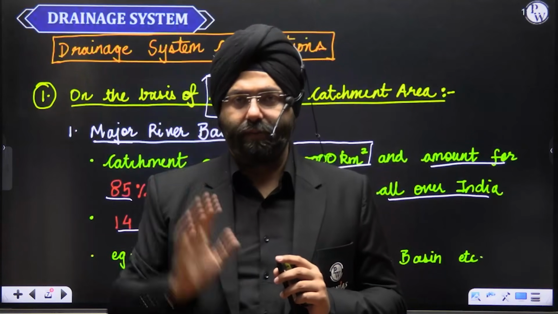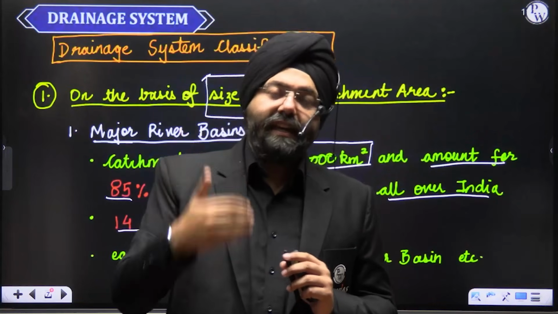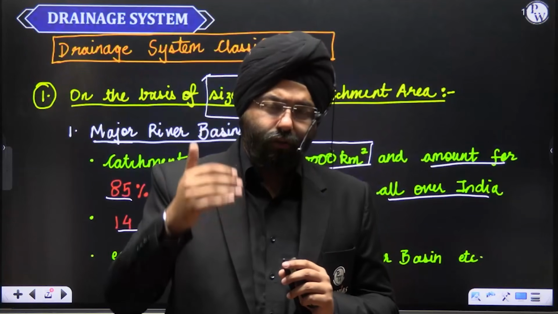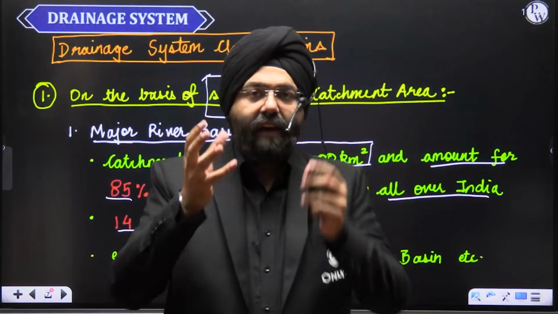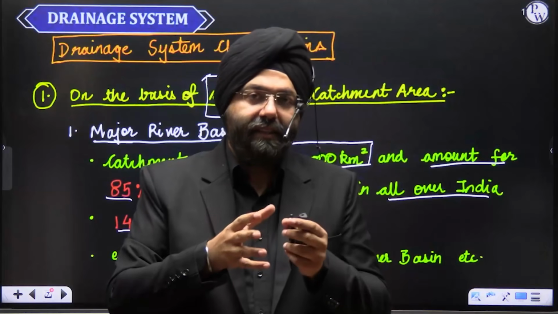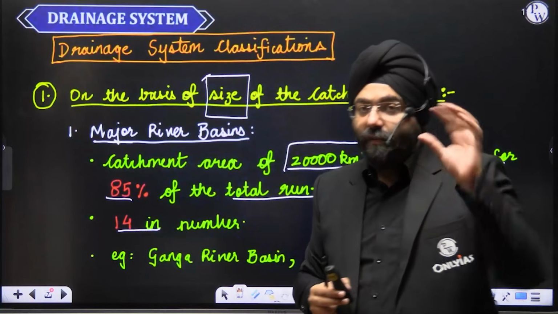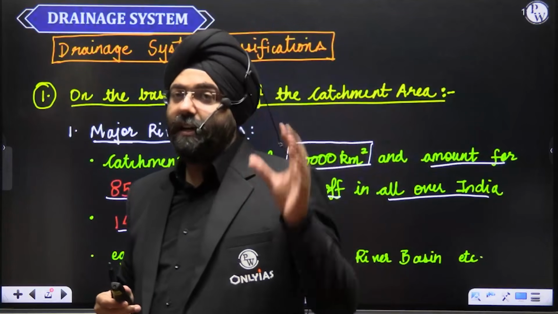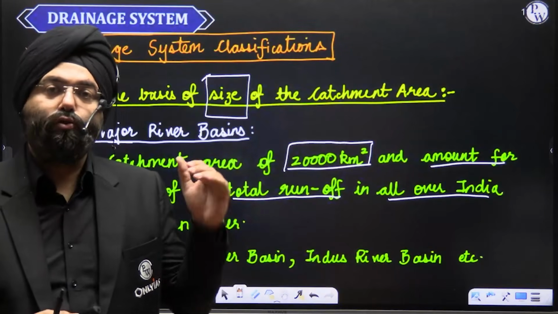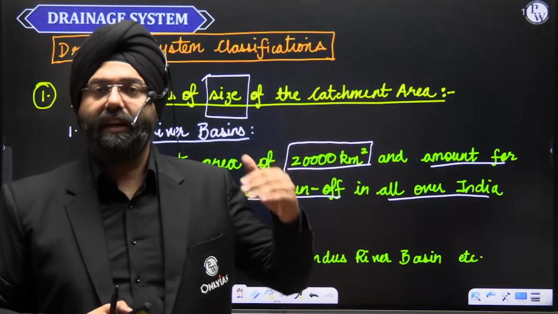If the area is close to 20,000 square kilometers or even greater, I will classify those river basins into the major river basins. Rivers like Indus, rivers like Ganga, can be classified into the major river basins because of the larger area.